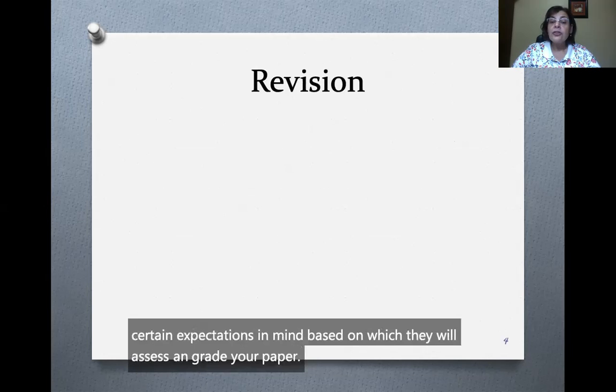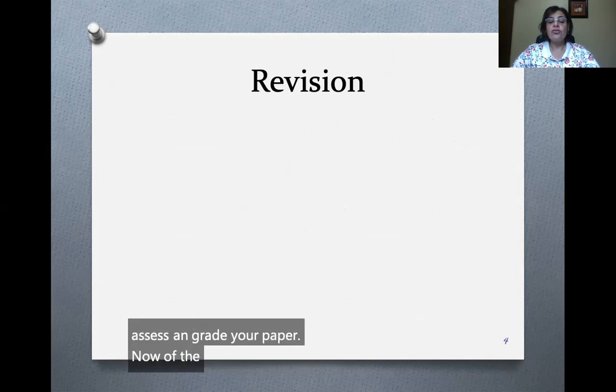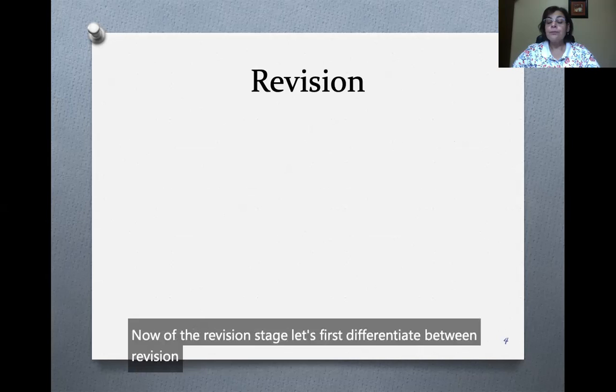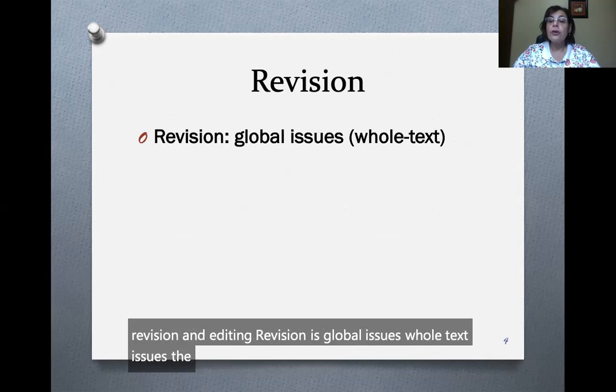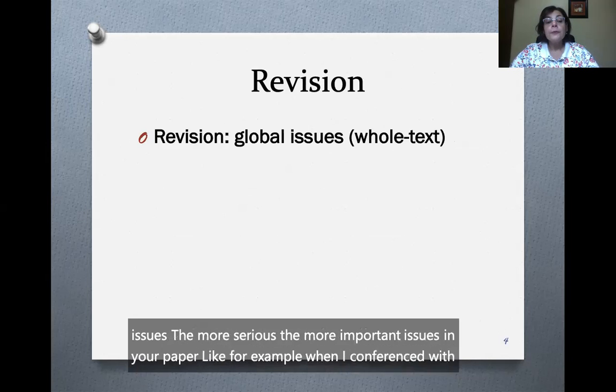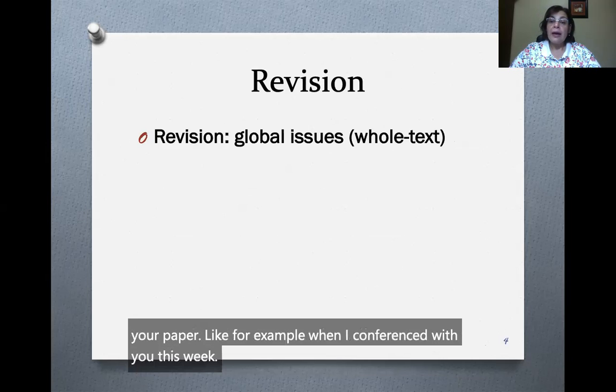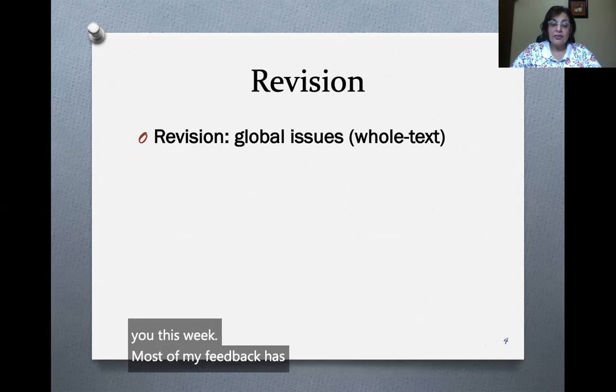Now, at the revision stage, let's first differentiate between revision and editing. Revision is global issues, whole text issues, the more serious, the more important issues in your paper. For example, when I conferenced with you this week, most of my feedback has been on the analysis.